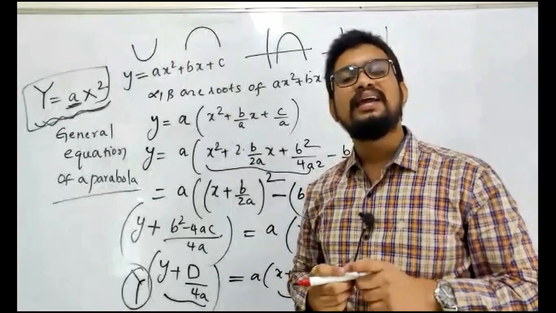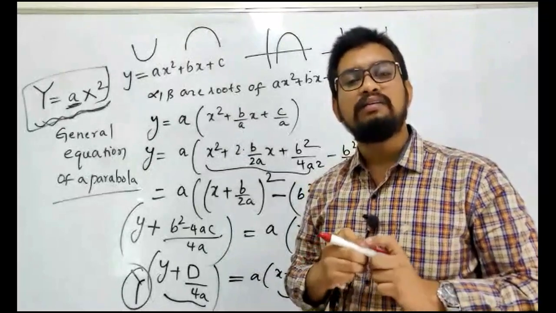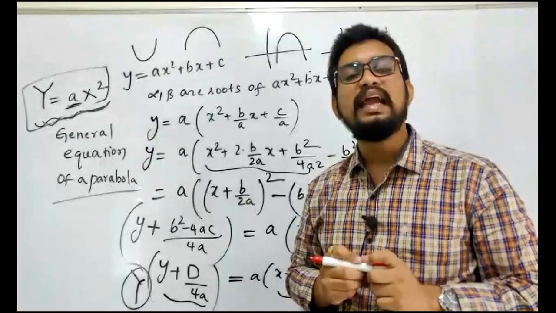What is a? a is the coefficient of x square in the given quadratic, which is called the leading coefficient.